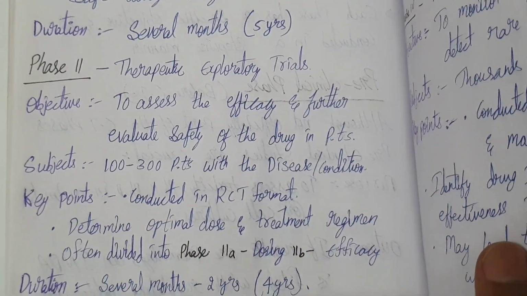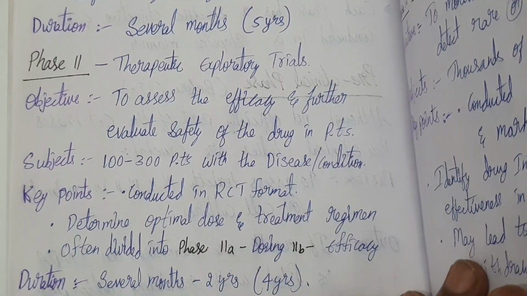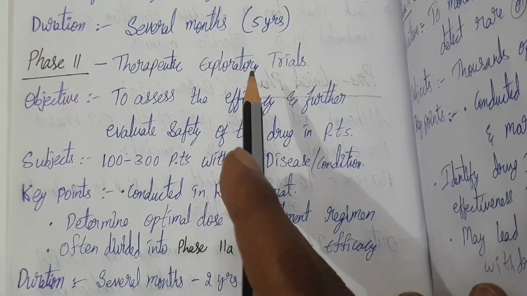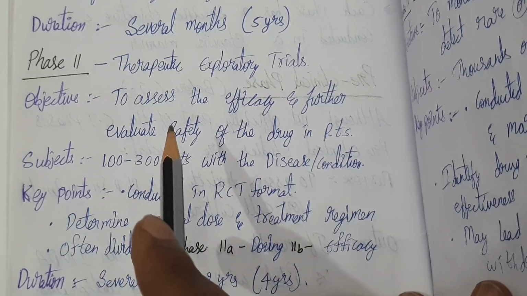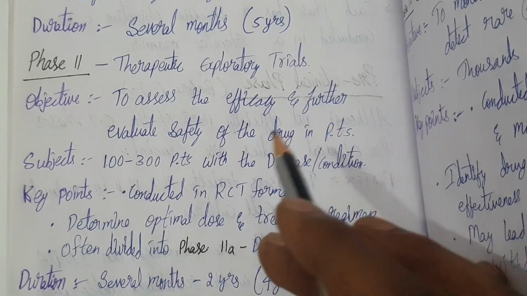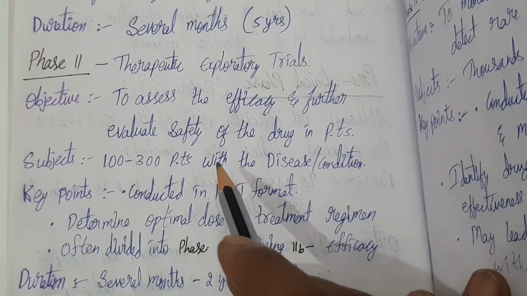Now we have phase 2. In phase 2 we are doing therapeutic exploratory trials. The objective is to assess efficacy and further evaluate safety in patients.